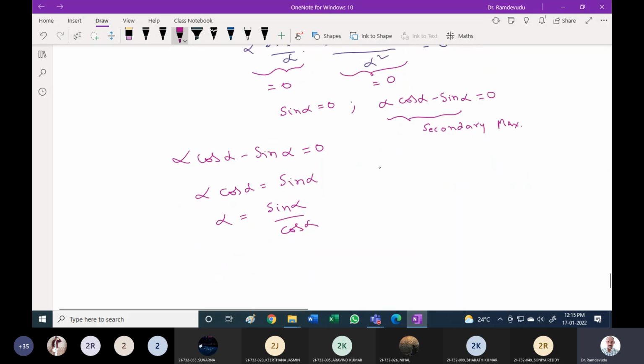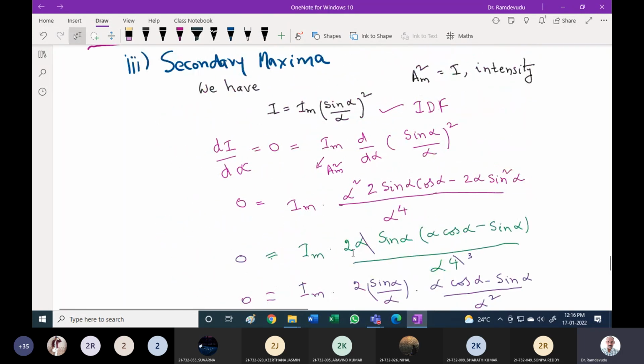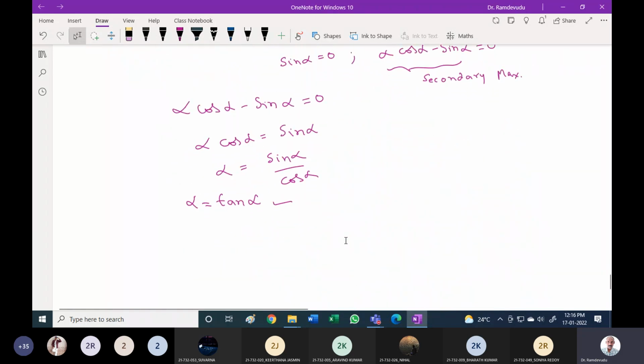Can you tell me what is the value of alpha? Tan alpha, good. Alpha is equal to tan alpha. Now if I solve for which values of alpha this equation is satisfied, I will get the condition for secondary maxima.